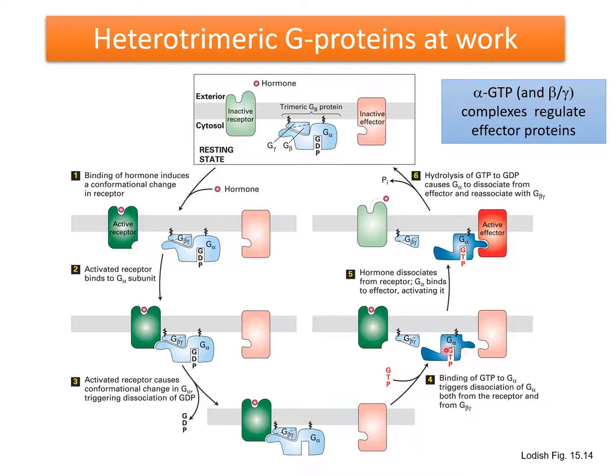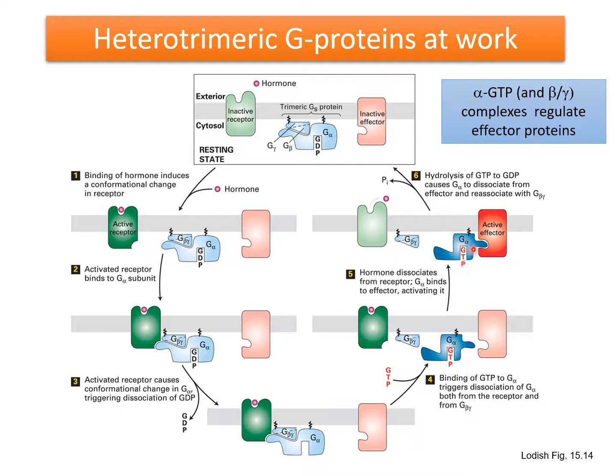And once it frees itself from the trimer, it'll bind GTP. And once it binds to GTP, it will then bind to an active effector, which will then start a signaling cascade, or continue the signaling cascade rather. And then this cycle just repeats itself.